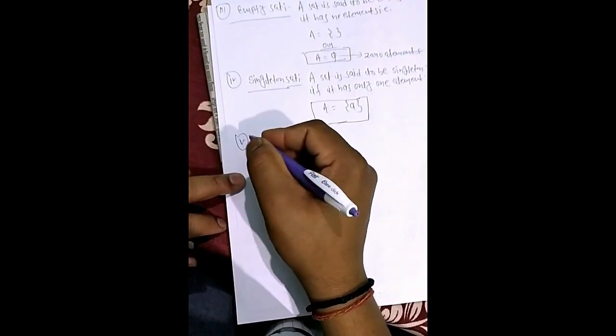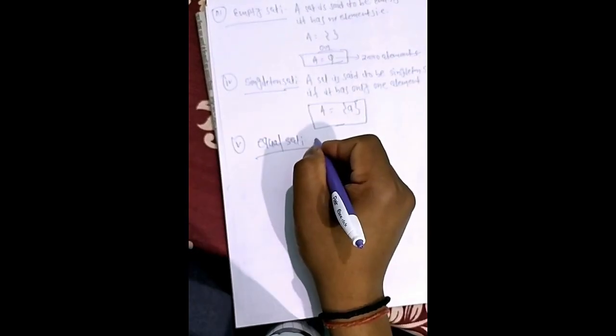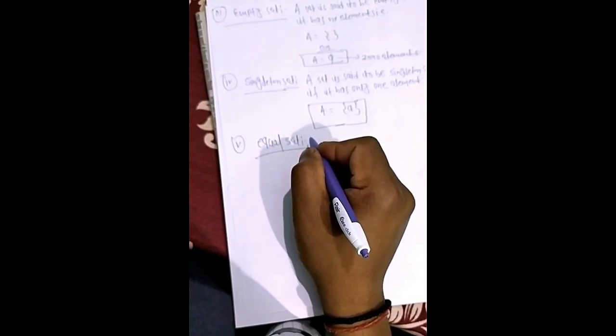5 number, equal set. Now define with example.